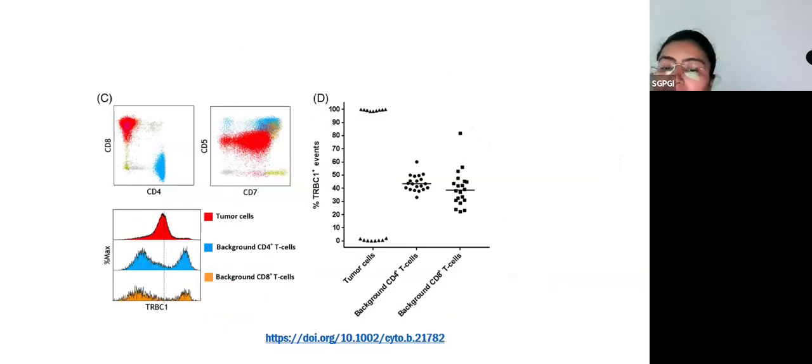In addition to that, this is another example of how the TRBC staining can come. This was the case of a TLGL. You had CD8 positivity, CD5 dim, CD7 dim. And when you look at the TRBC1 expression, it is dim, but it is definitely positive. So the peak is not overlapping with the negative peaks of CD4 and CD8. So it is shifted to the right. It is not just bright positive.